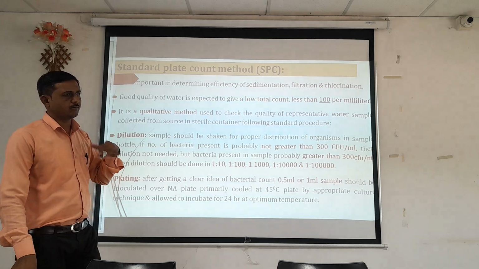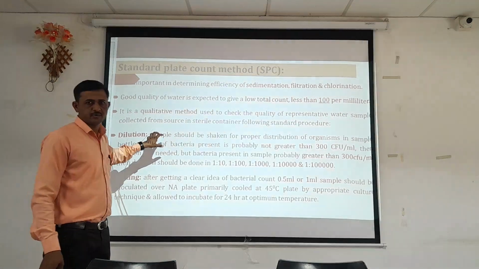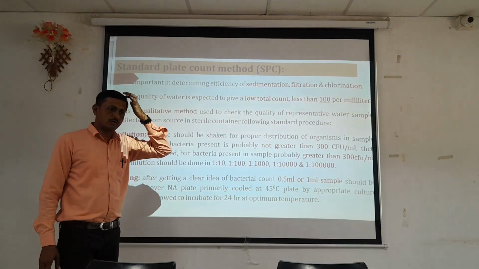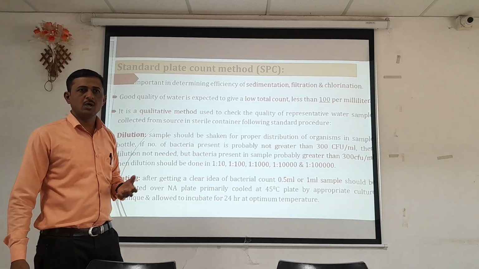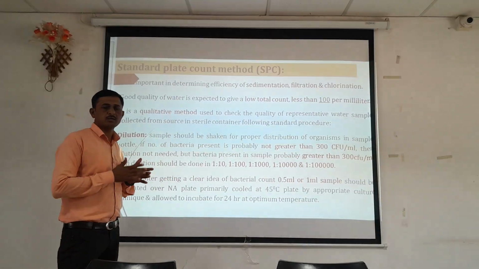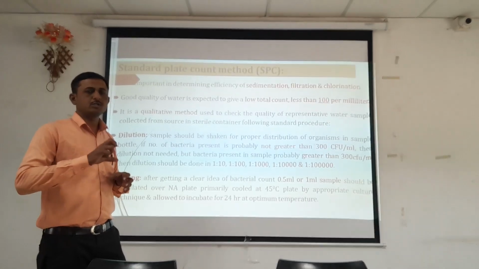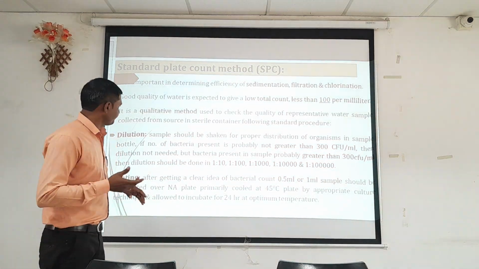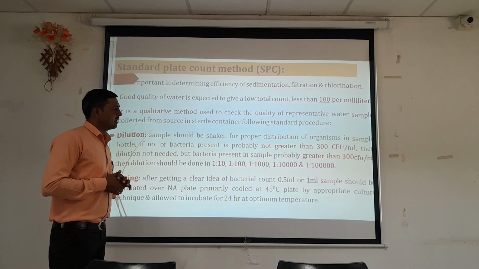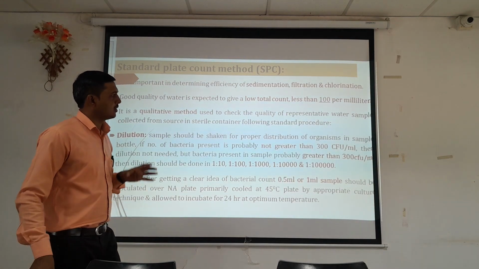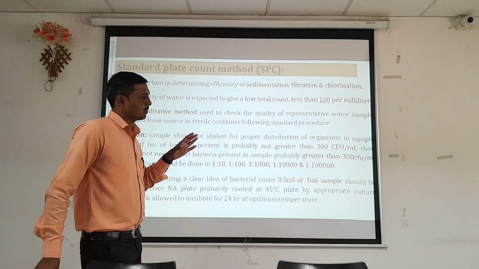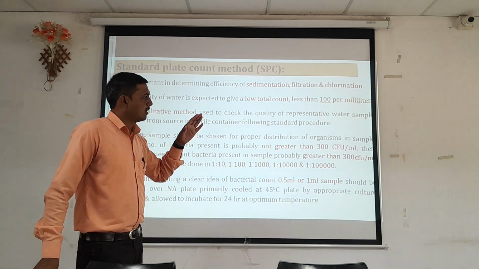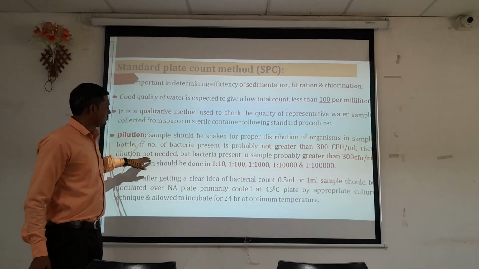So by following that method, we have collected one sample. Before carrying out the experiment for the SPC, we have to properly shake the water, so that proper distribution of the microbes present in the water sample can be achieved. If the number of bacteria present is not greater than 300 CFU, that is colony forming units per ml, then dilution is not needed.